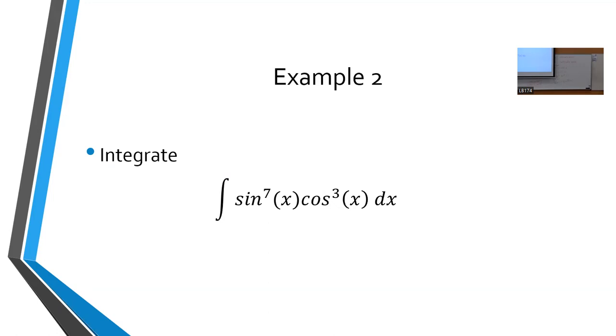You'll have an even sine left. If you pull off the cosine and attach it to the dx, that'll be okay to do as well, because you'll have an even cosine left over after you attach one cosine to the dx. That makes sense?